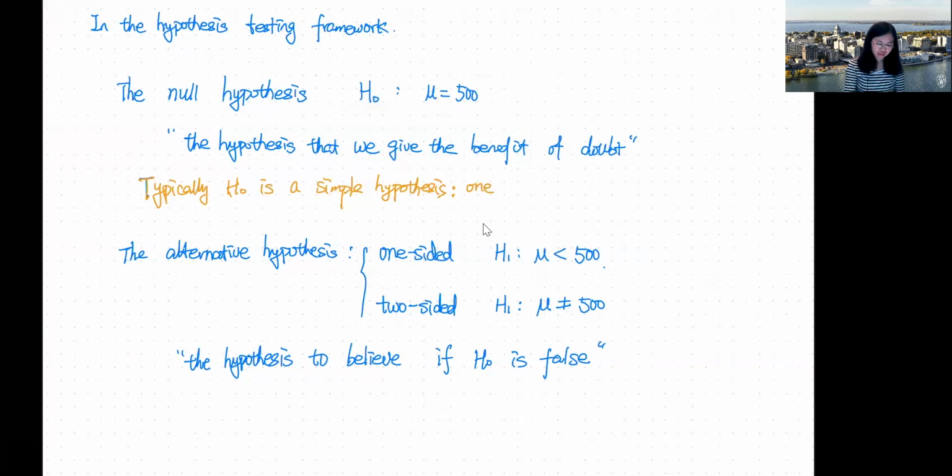So a simple hypothesis is one that restricts the parameter of interest, in this case mu, to one value.